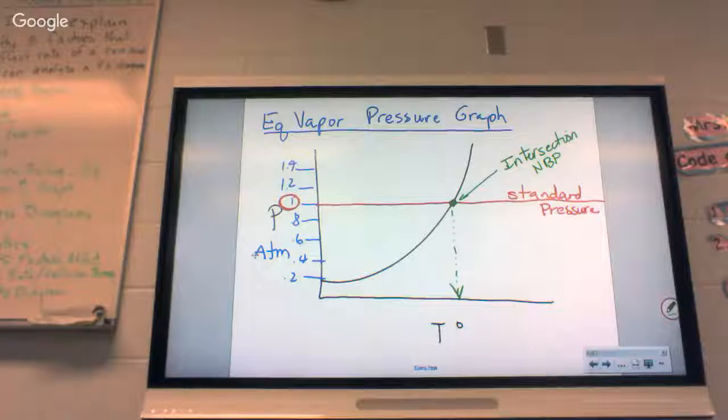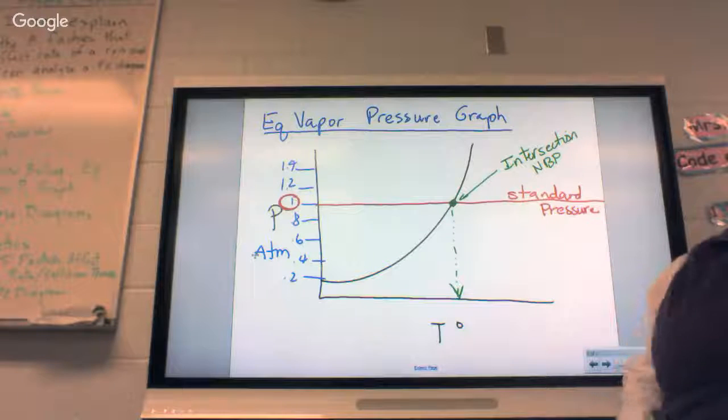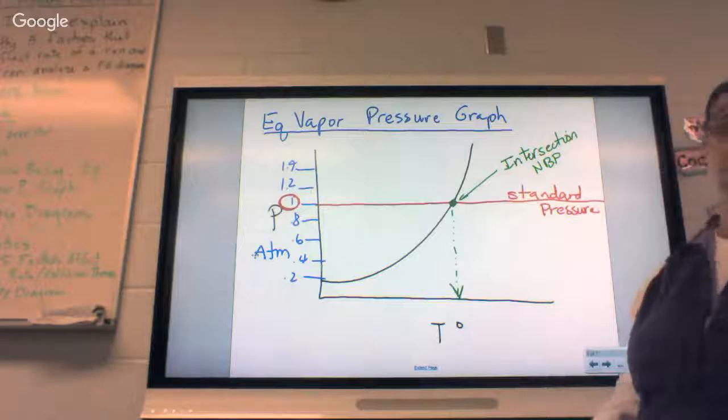What's standard pressure for this one? 760, yep. You draw a line at 760, and you don't have to estimate. Oh, no, we need to do normal.